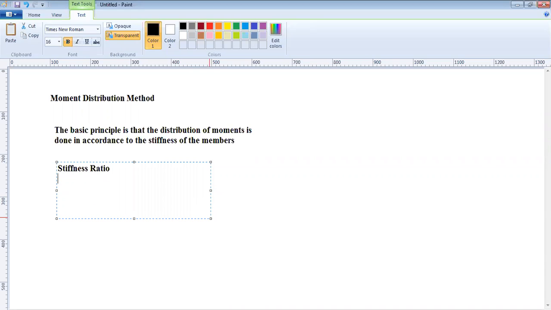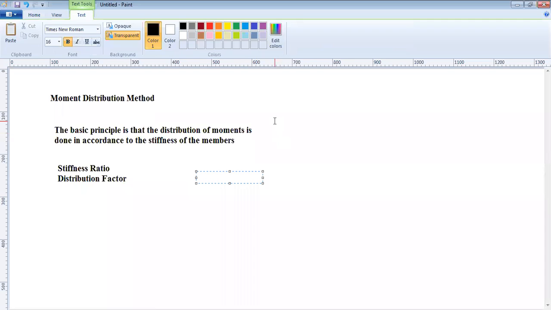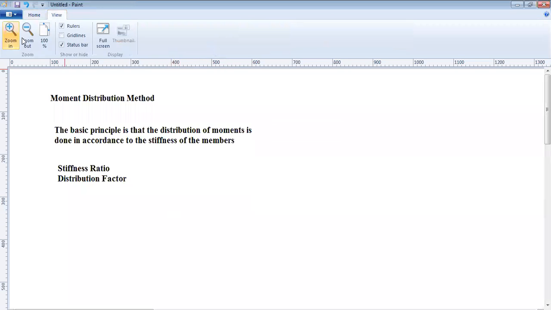Now that factor by which it was distributed was the distribution factor. Through this distribution factor, we distributed the moments into different members which are connected either through joints or through supports. Now, let us take an example here.